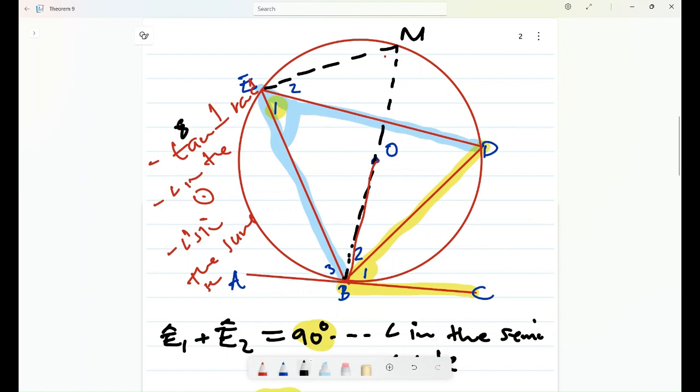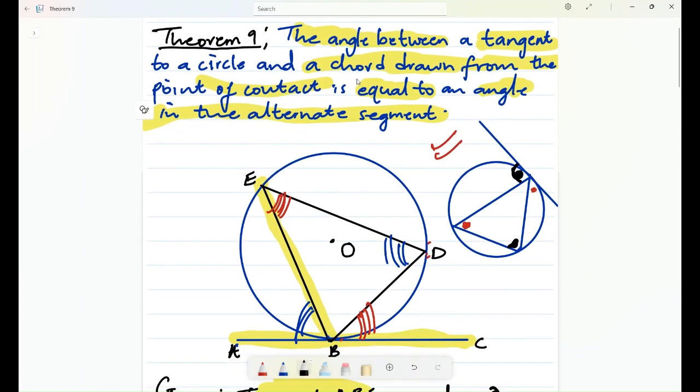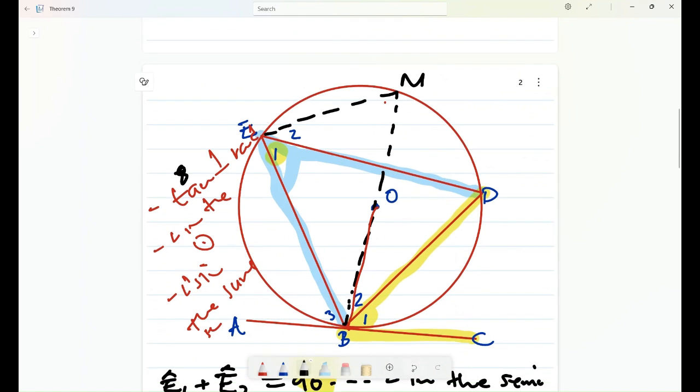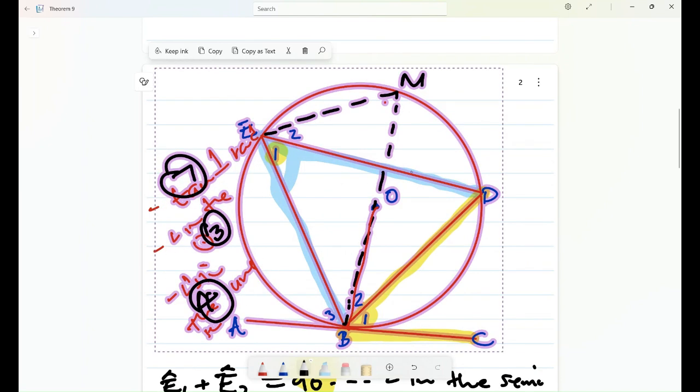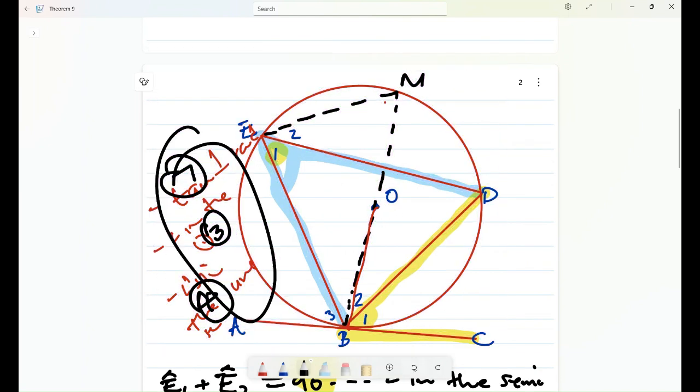Which theorem is this? Oh, so it's going to be theorem 7. We have theorem 7, we have theorem 3, we also have theorem 4, that you need to know before you can know how to prove this theorem 9.